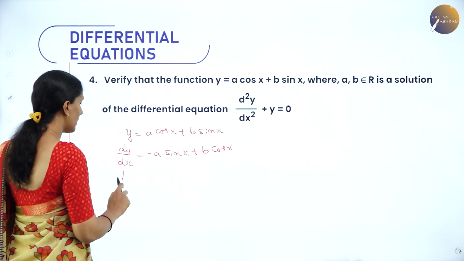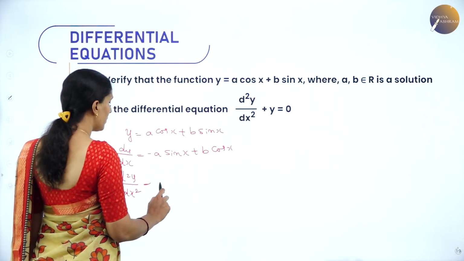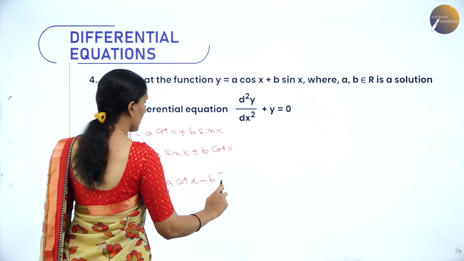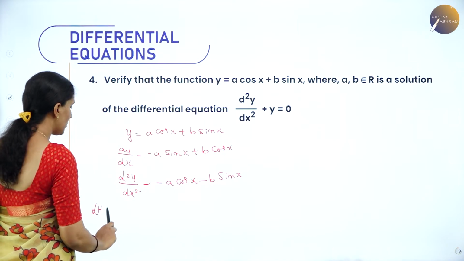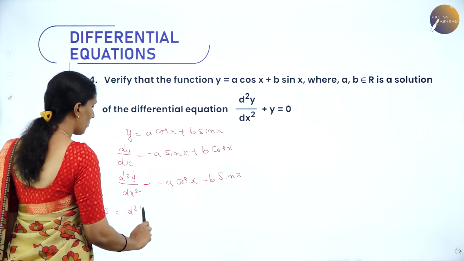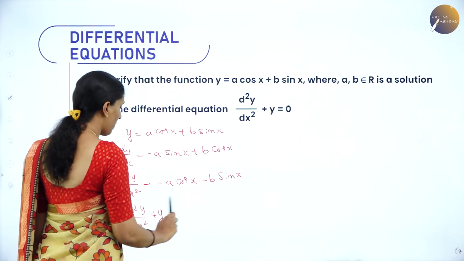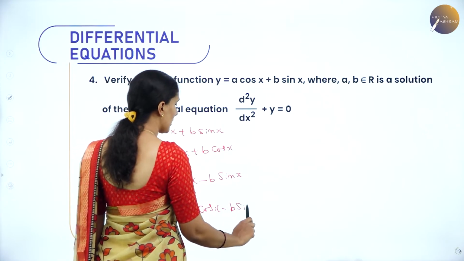Next, we have here d square y by dx square. Again differentiate it as minus a cos x minus b sin x. So consider LHS here. LHS is equal to d square y by dx square plus y. What is d square y by dx square? Minus a cos x minus b sin x.